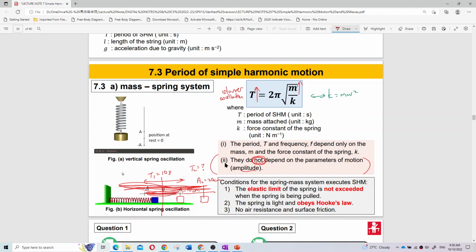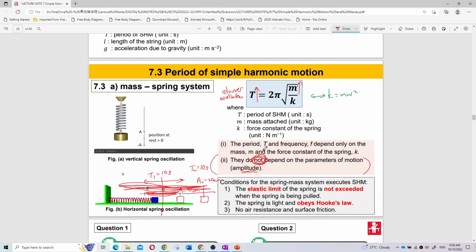No, it says here it does not depend on amplitude, so it's still 10 seconds. Understand? This is where I got you, your misconception.